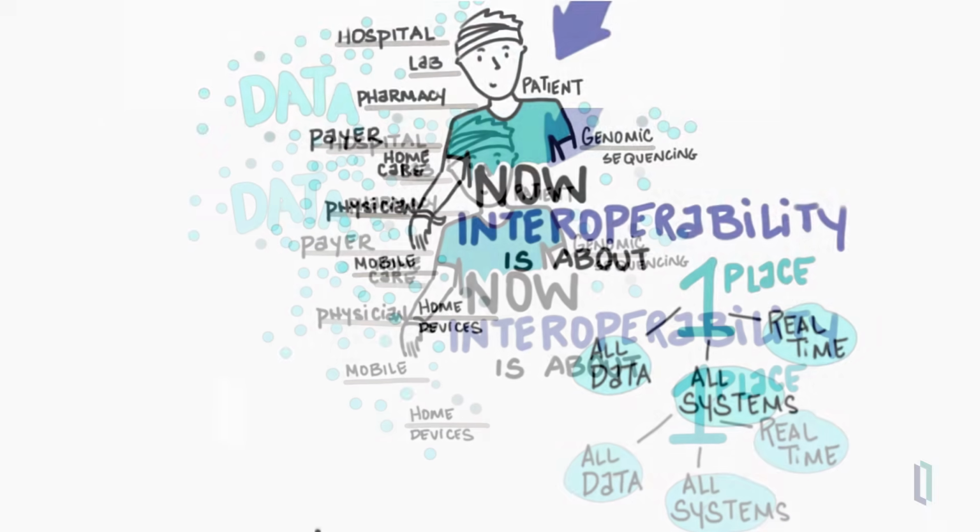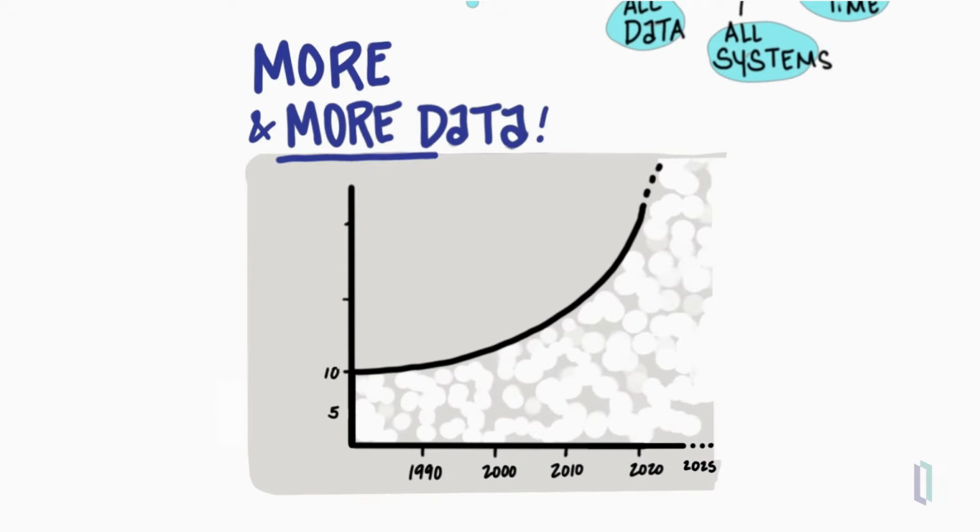So not only is there data in more places, but there is a lot more data. A few years ago, Dr. William Stead at Vanderbilt University wrote an article where he estimated the amount of data, the number of facts that existed for every complex decision we have to make in healthcare.